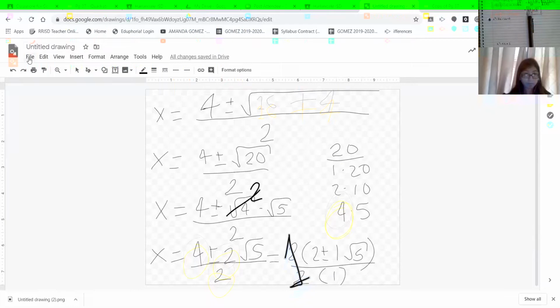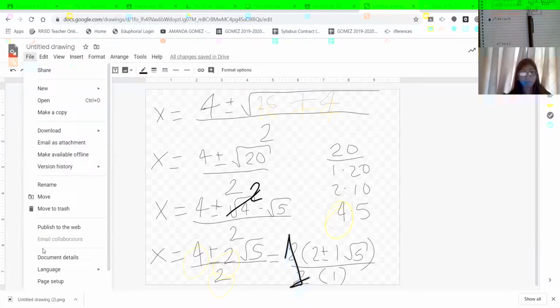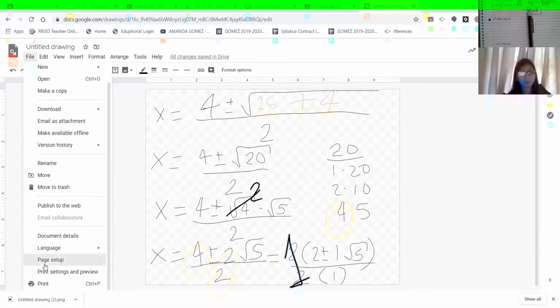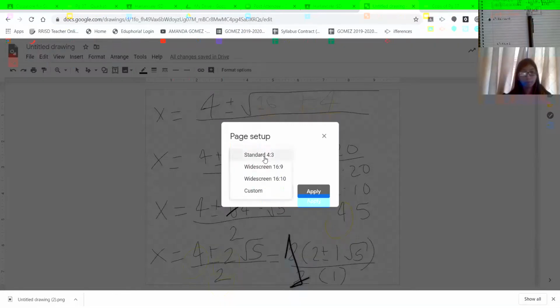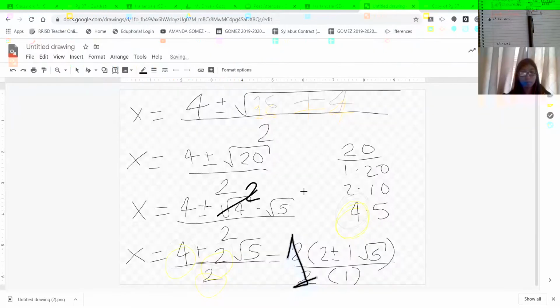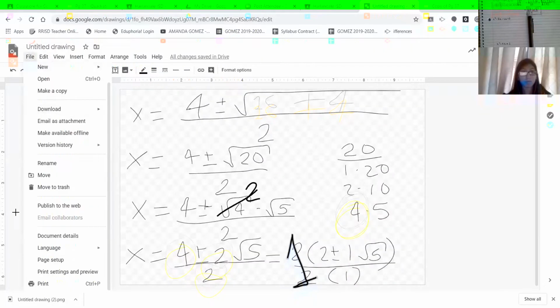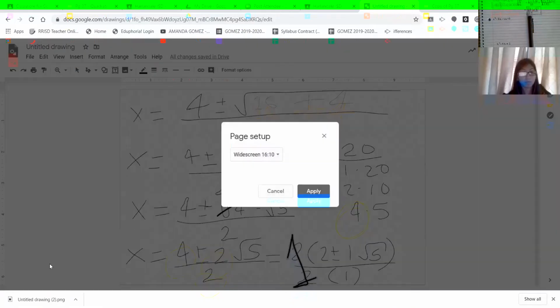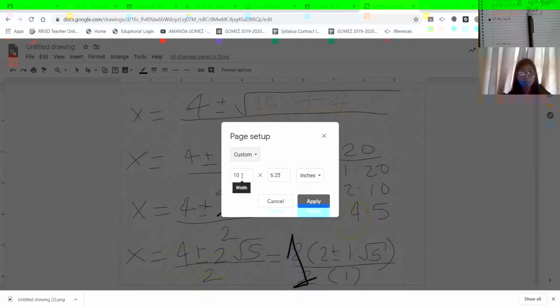I'm trying to see if I could make this a little bit bigger. Here, page setup. That didn't help at all. Let me go and make that a little bit bigger. Custom, and I'm going to change this right here.